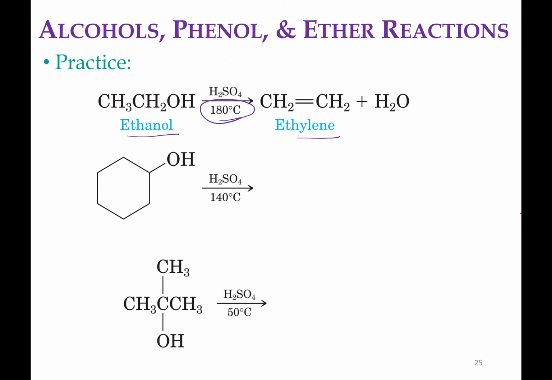Here we can take a hydrogen from here or here if we needed one to form a double bond. Or what's our other option? Because this is at 140 degrees, we're going to see 2 of these react to form an ether. So this is cyclohexanol on the left, and on the right we have diethyl ether.